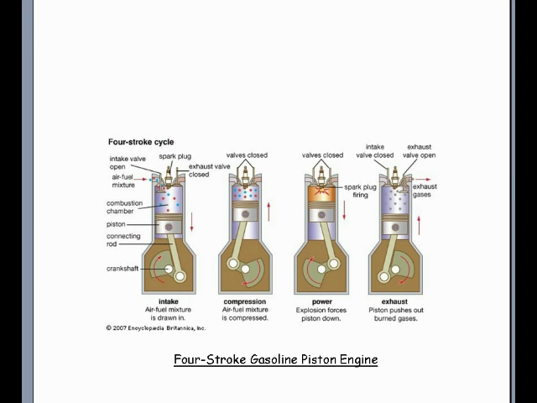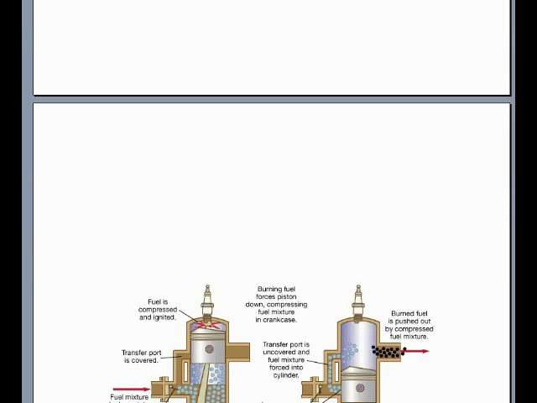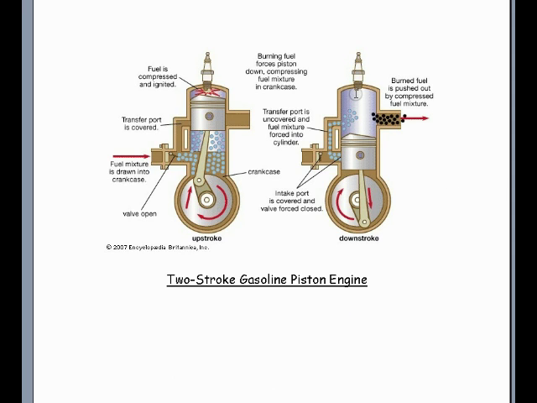So the overview for 4-stroke gasoline piston engine is air and fuel intake, compression, ignition power, exhaust. With a 2-stroke gasoline piston engine, downstroke is the power, air and fuel intake, and exhaust.